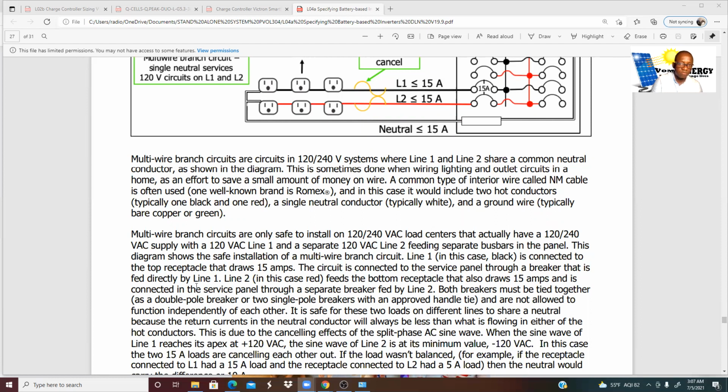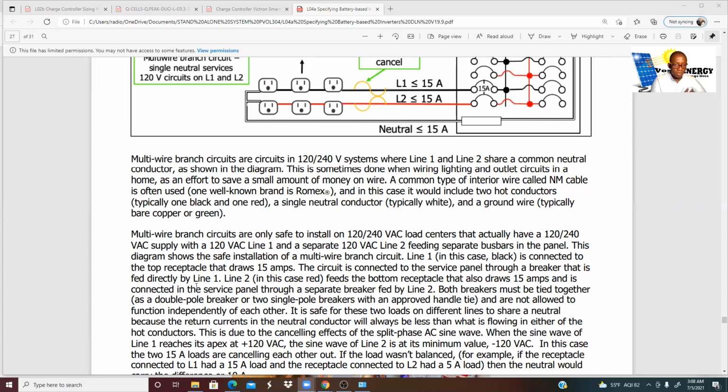A common type of interior wire called NM cable is often used. One well-known brand is Romex, and in this case it will include two hot conductors, typically one black and one red, a single neutral conductor, typically white, and a ground wire, bare copper or green.